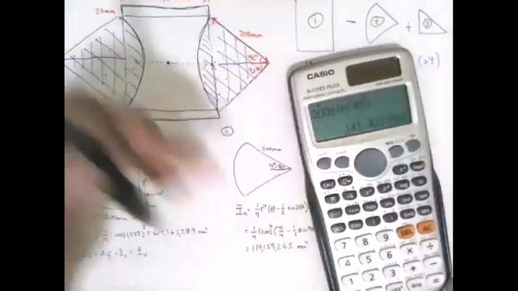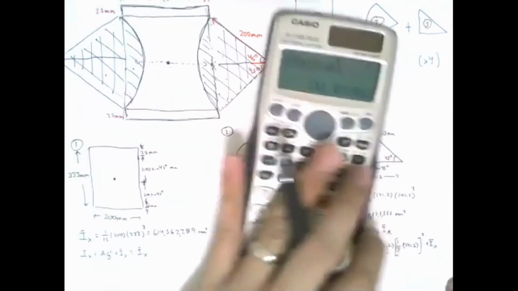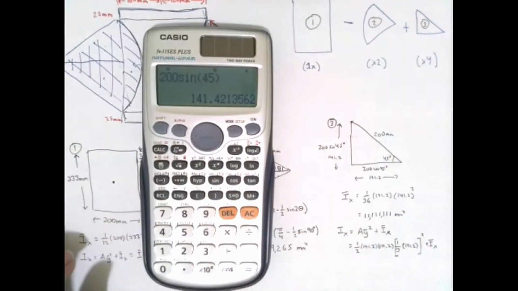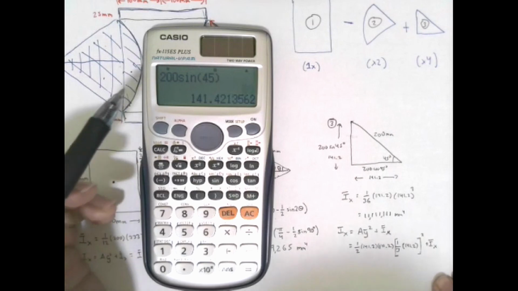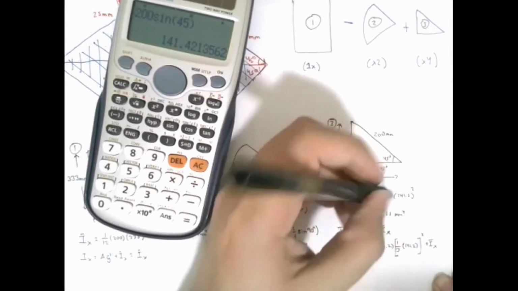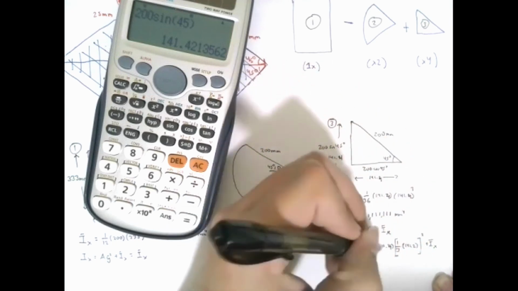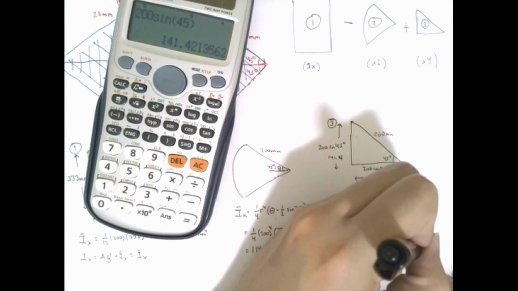It would be 1/3 of 200 sine 45. Yep. So 1/3 of 141.4. Oh, I keep writing 2. I should have written 4 here. Thankfully, I didn't round in the calculator, so we're not going to have that issue here, but it should be 4.